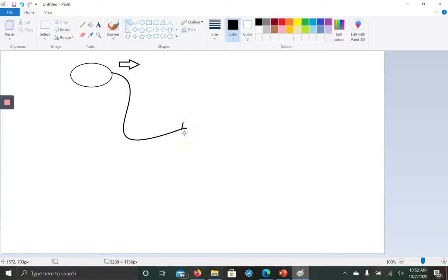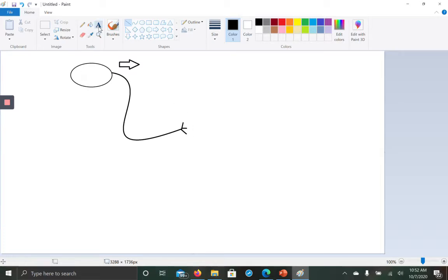So let's give the end of our motor neuron some branch structures. These branch structures are called axon terminals, because they're at the end of a long process from a neuron, which is called an axon. So at the end, it's the terminal part of the neuron, so axon terminals.